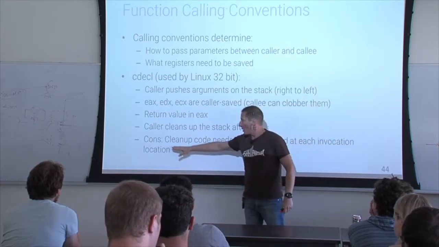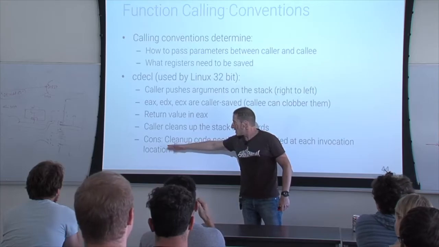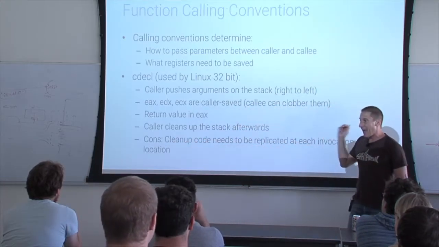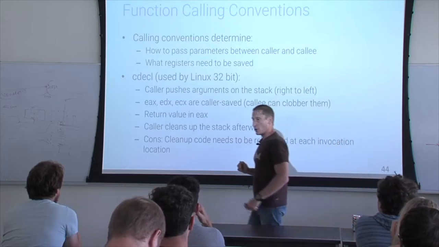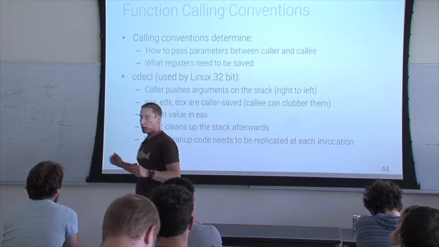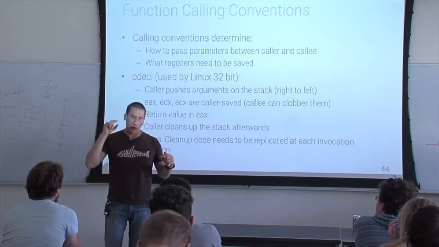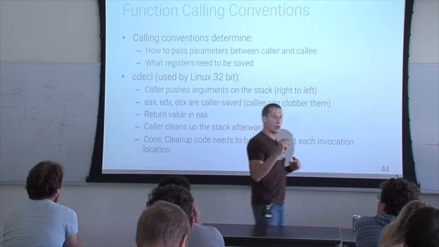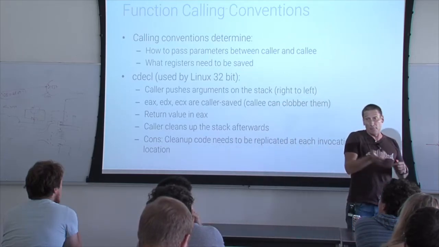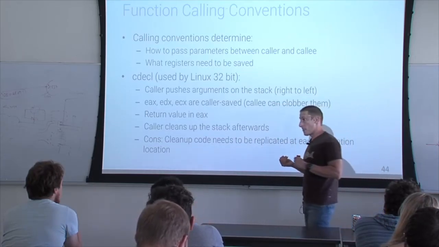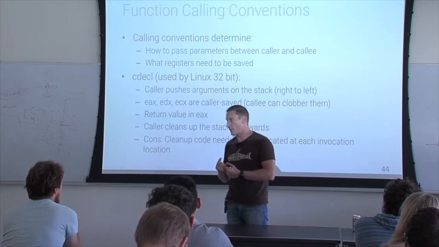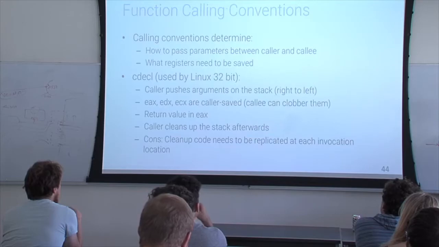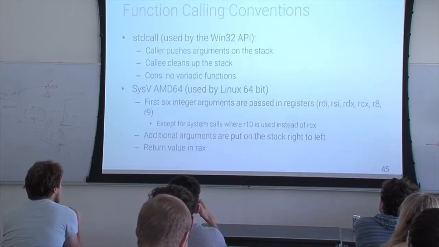One of the disadvantages of this approach is that the cleanup code needs to be replicated everywhere the function is called. So if I have a function that is called 1,000,000 times, at every location from which it's called I'm going to have a little snippet of code that has to do the cleanup. If I put it in the callee, then I have to write that piece of code only once. Okay? But as you will see, that also has some problems.